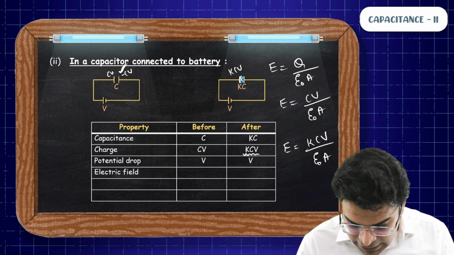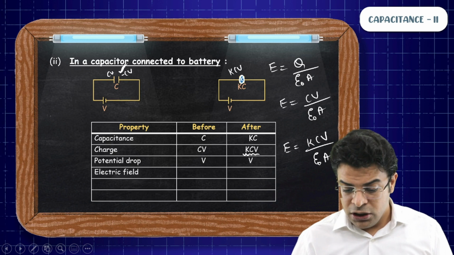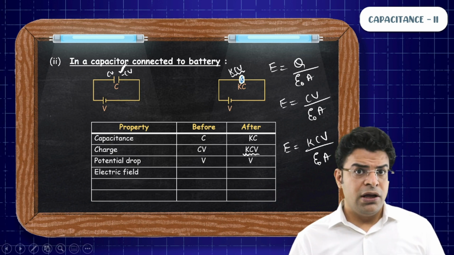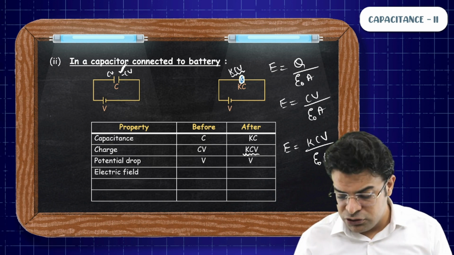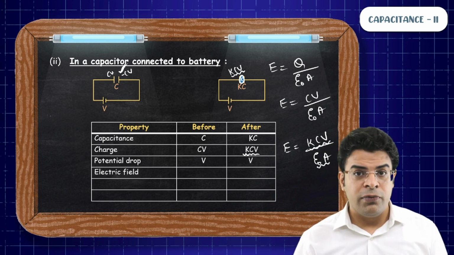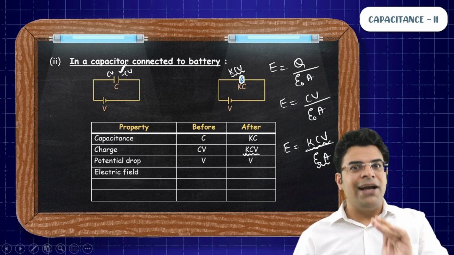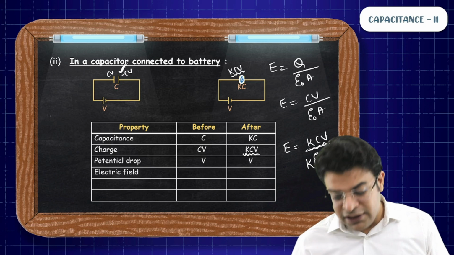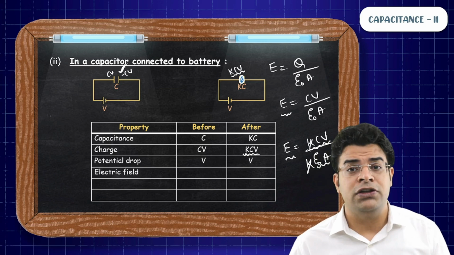Sir, this dielectric medium will again make the electric field K times smaller. So the charge of KCV will try to produce an electric field between the plates equal to KCV upon epsilon naught A. But due to the presence of the dielectric medium, the field will become K times weaker. So again, you have to divide it by K. So you get that the new electric field is the same as the original electric field.